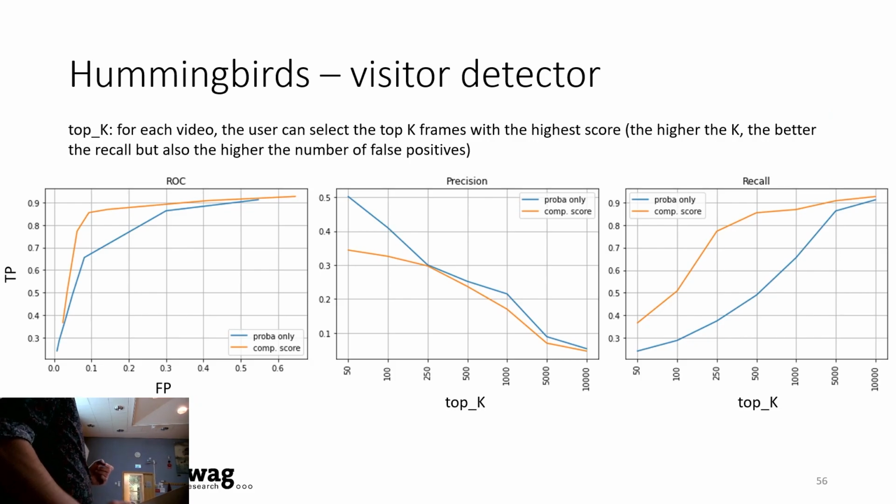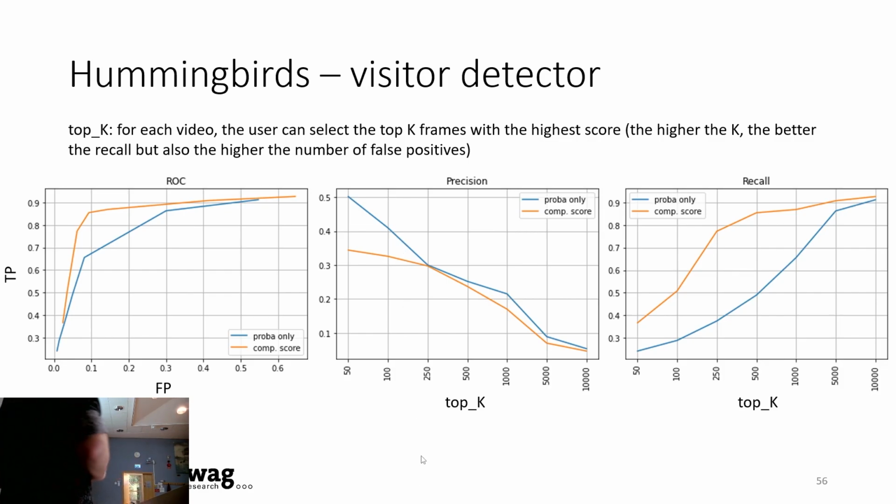The other thing that we give you the possibility of doing is selecting the number of frames that you want the model to return, and if you train on your own data, it will give you these curves. So you know that if you say, okay, I want the 100 top scoring frames, you will have this dispersion for the probability-only score and the confidence score only.